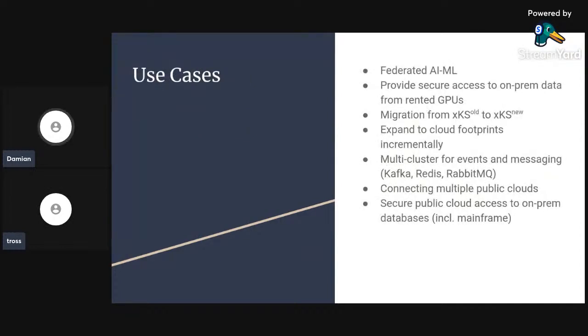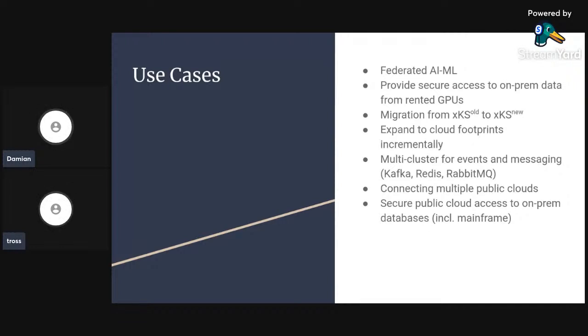A couple of use cases we are actually working on right now with customers and partners. One of them is machine learning, where we have government laboratories with huge chunks of data in place, like Los Alamos and one at Stanford Linear.